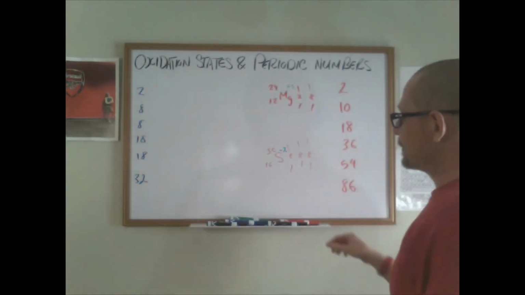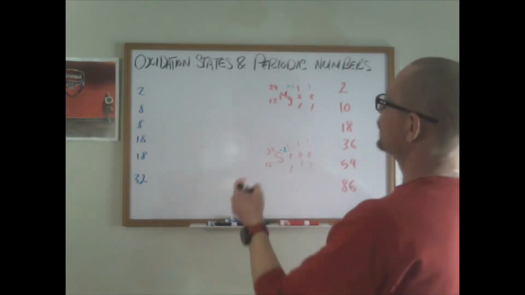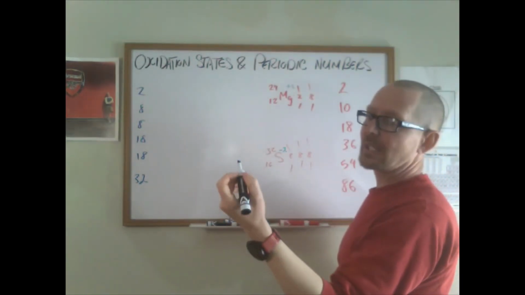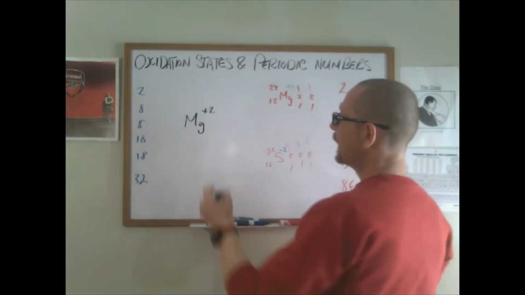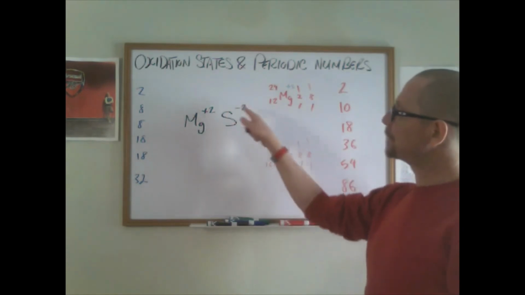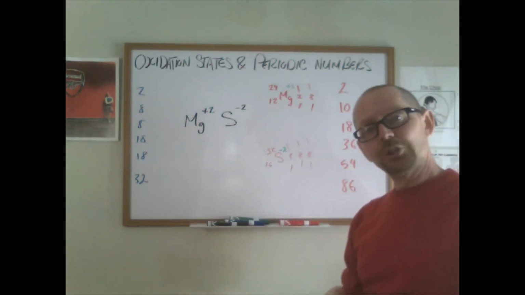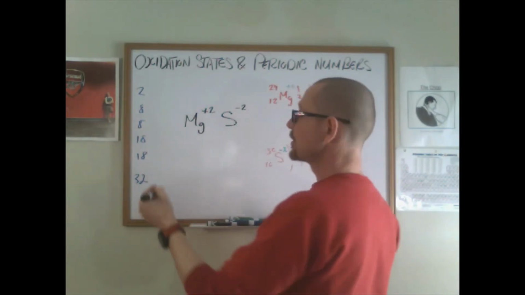So I've just generated my first chemical formula, right? We just write the positives and negatives. I've got an Mg of +2, and I've got an S of -2. And those charges balance perfectly. So I've just created the compound magnesium(II) sulfide.